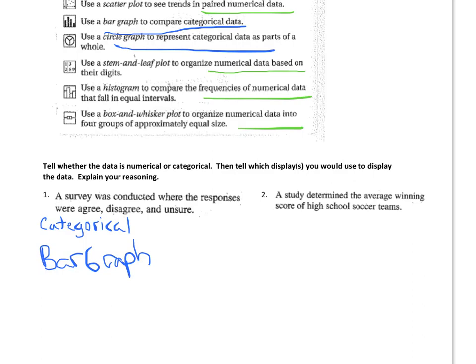So how about this one? A study determined the average winning score of a high school soccer team. Well, since winning score deals with numbers, it's numerical. Okay. Now, which one would you use? You could use a lot here. But what I would probably do is the histogram. And why?